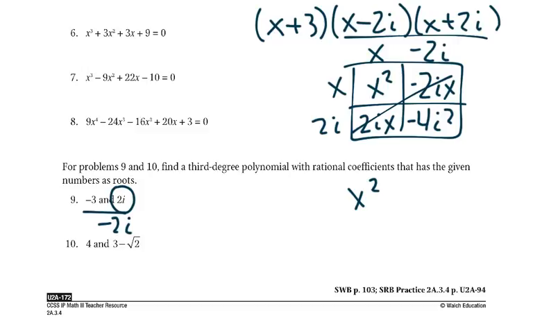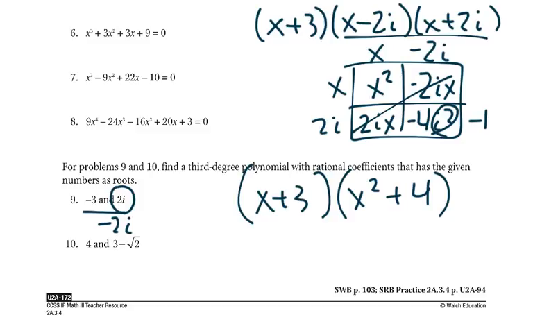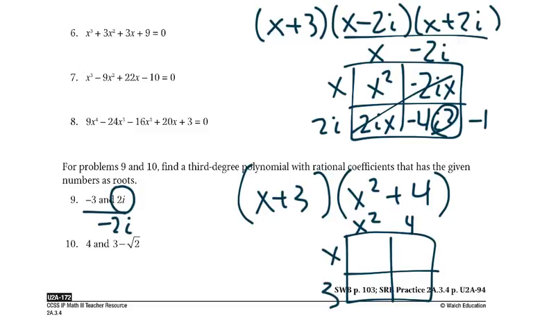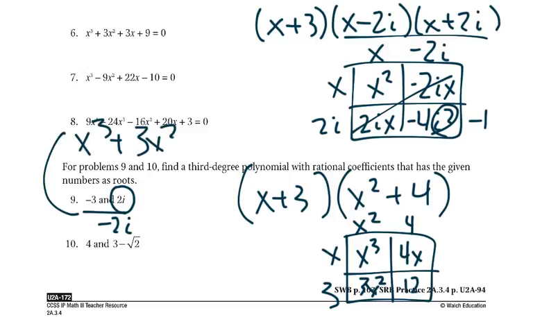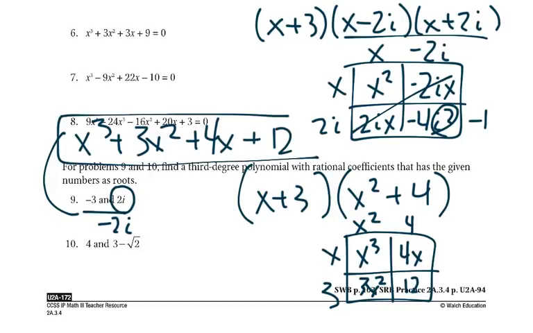We end up with x squared. i squared is like negative 1, so plus 4 times x plus 3. Multiply it out one more time, and that'll give us our third degree polynomial. Okay, so we get x cubed, 4x, 3x squared, 12. So my answer here is x cubed plus 3x squared plus 4x plus 12. And that's my answer. Okay, for 10 we do the same idea.